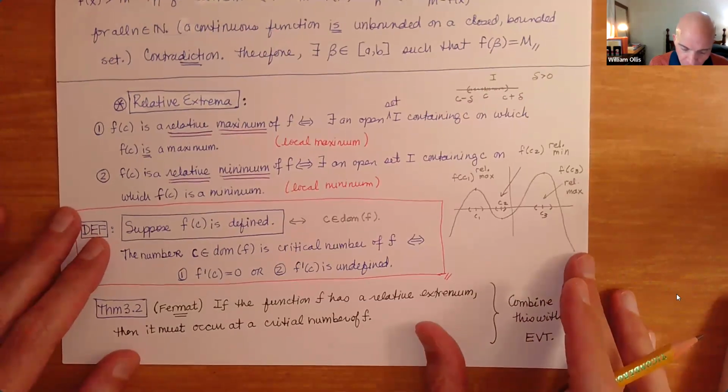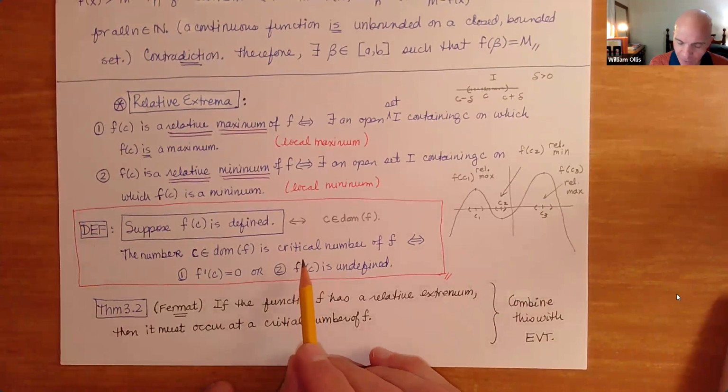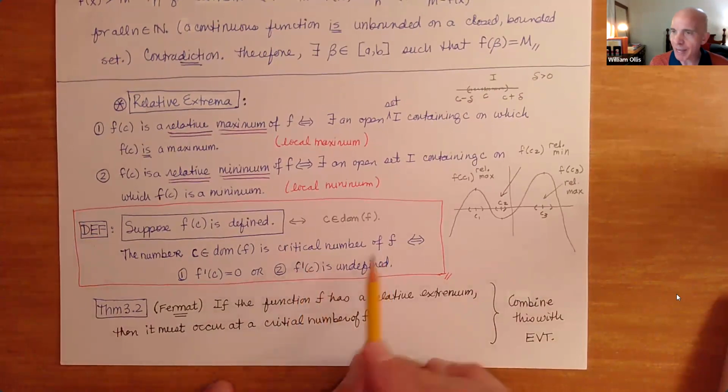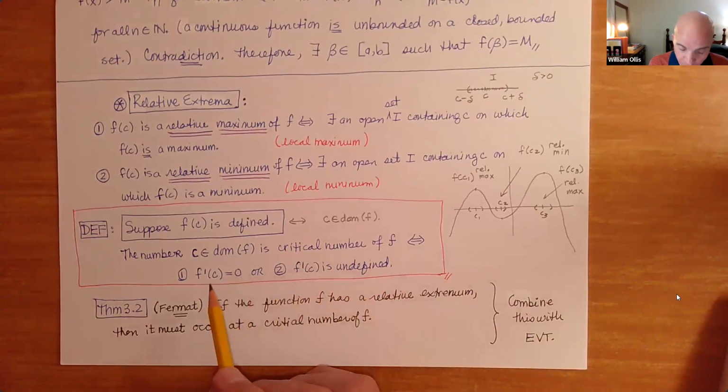Now, what we want to do is to find a critical number of f, and it's very easy to do. We've been doing this, but we never called the elements in the domain of f a critical number, but now we actually know that we've been computing them. The first part of the definition means that f prime of c is 0. So if we compute the derivative of a function and we find its zeros, then we have determined a critical number.